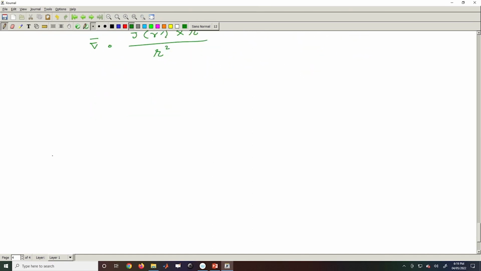So if I expand this, it is r divided by r square dot curl of J which is at r prime, and minus J dot curl of r divided by r square. Just exploiting the vector identity, I can get this.